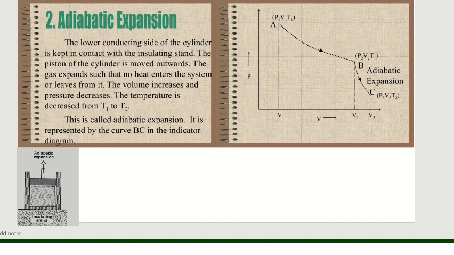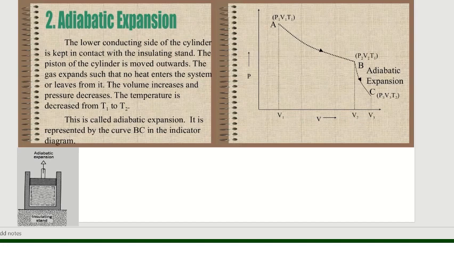So here is the PV diagram, that is the pressure versus volume diagram. In this diagram, AB is the isothermal expansion, which we have seen in the previous slide, and BC is the adiabatic expansion. In isothermal expansion, pressure has decreased from P1 to P2, volume has increased from V1 to V2, and temperature remained constant.